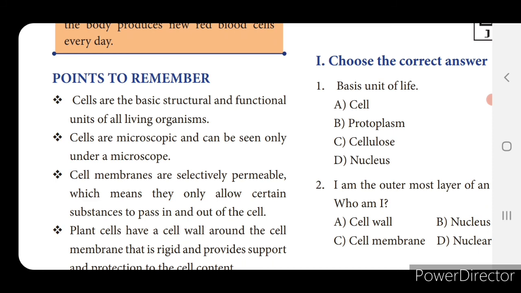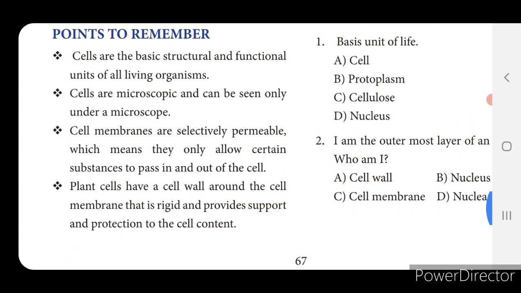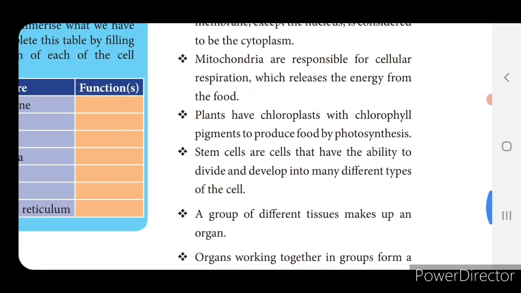Cell membranes are selectively permeable, which means they only allow certain substances to pass in and out of the cell. Permeable means passing through. Plant cells have a cell wall around the cell membrane that is rigid and provides support and protection to the cell contents. The cell wall is present only in plant cells.